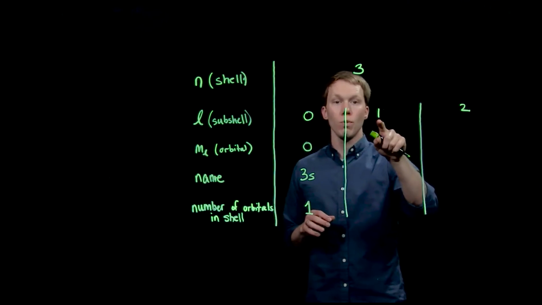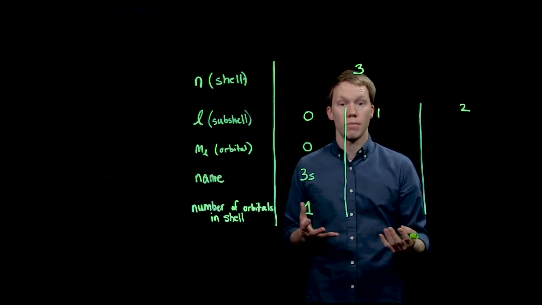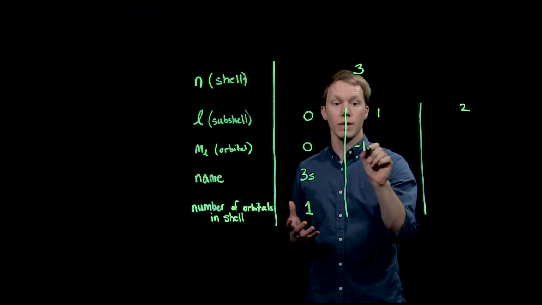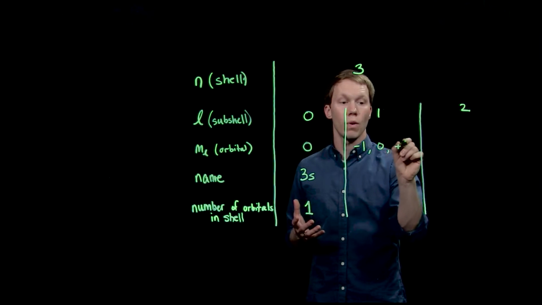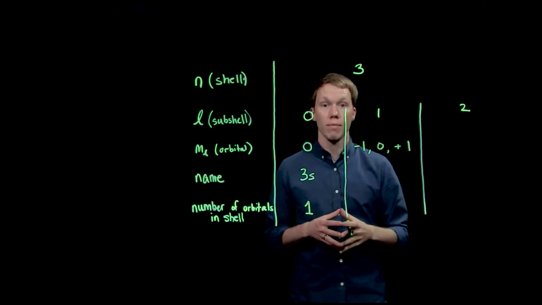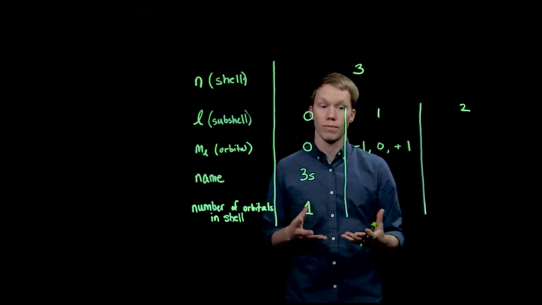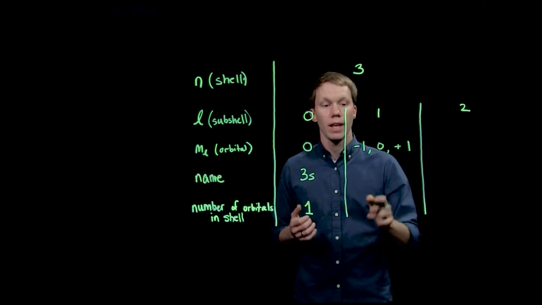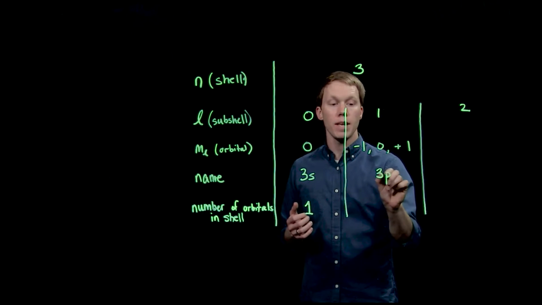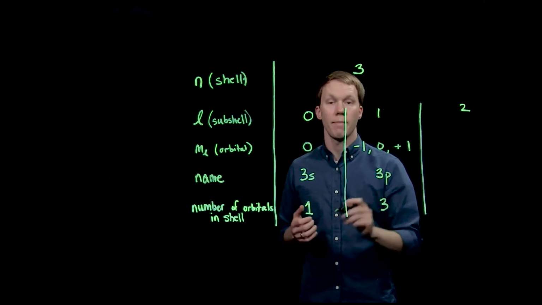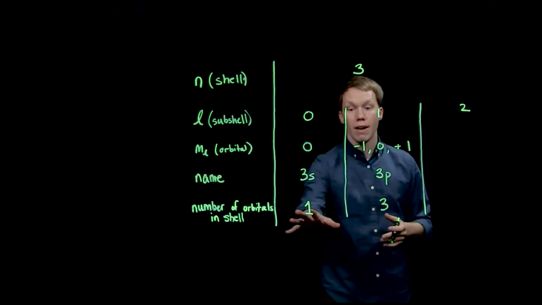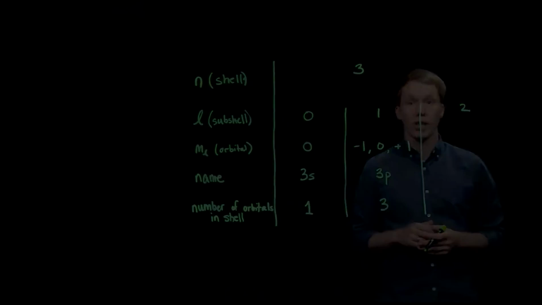When L equals 1, this corresponds to my p subshell. And there are going to be 3 values for this subshell, as usual, right? You're starting to see a pattern, I hope. This would correspond to my 3p orbitals, and there are 3 of them. So far we have 4 total orbitals in my third shell.